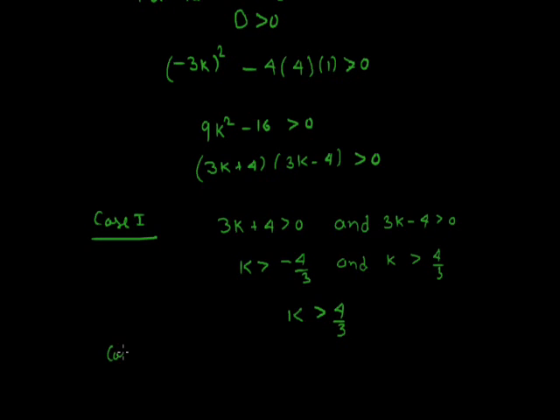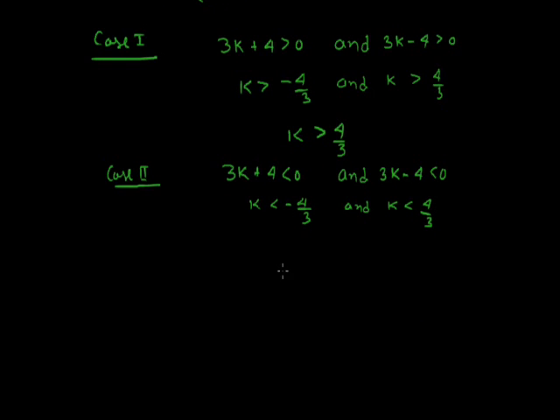Now case second, either 3k plus 4 is less than 0 and 3k minus 4 is less than 0. Then this will be positive. So this will give k is less than minus 4 by 3 and k is less than 4 by 3. So this will give k is less than minus 4 by 3.